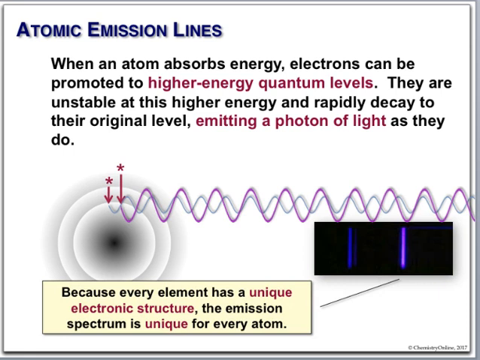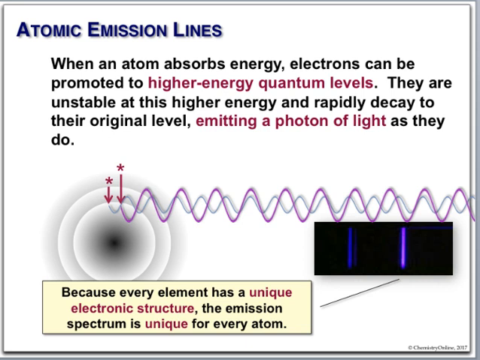We see that as discrete bands for the distance, really, between where they started and where they go. They fall back down, emit this wavelength, and we see very discrete bands for the energy that was absorbed and then re-emitted.